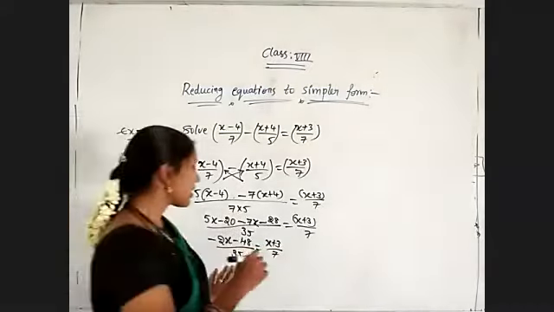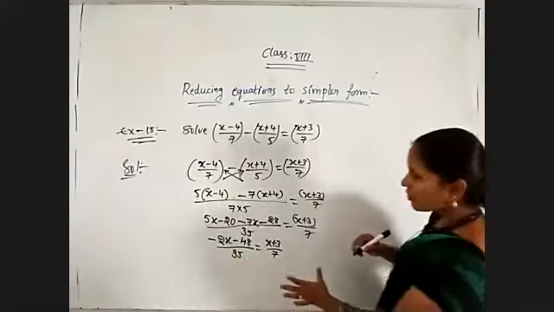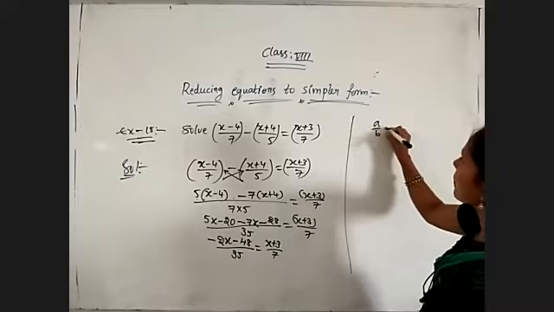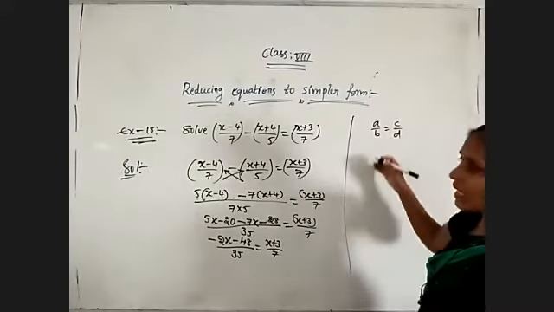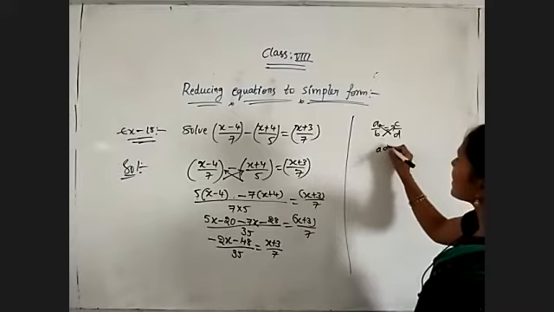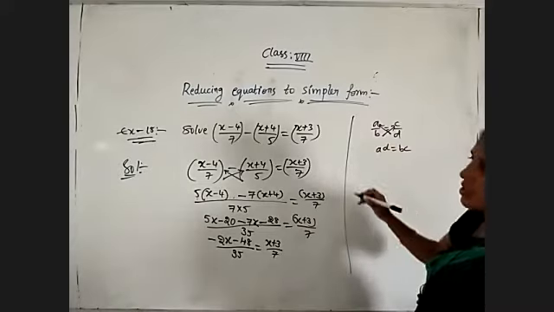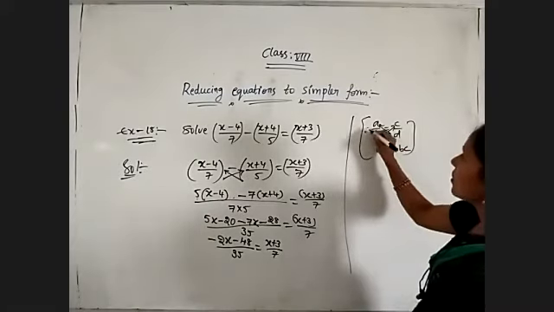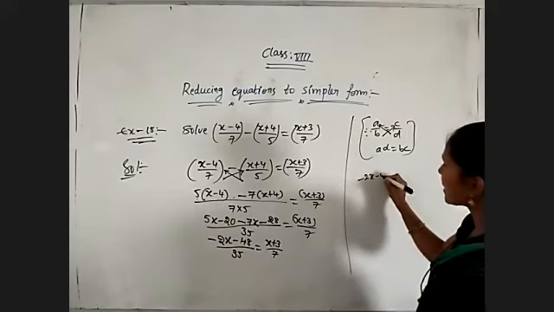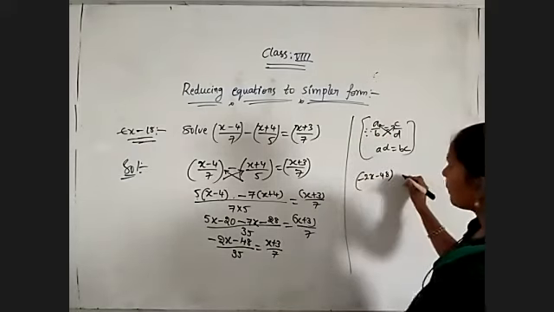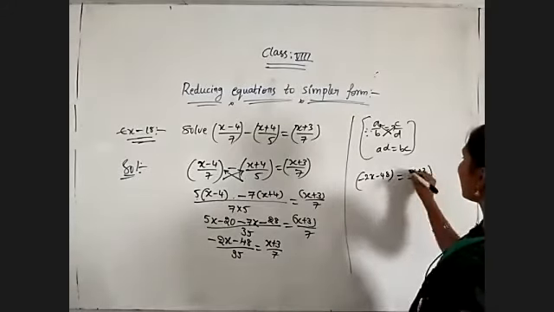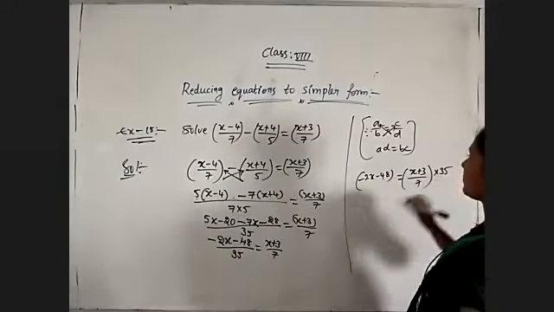Now reduce it at the LHS side. Again it is in the form a/b = c/d, a fractional form only, so we go through with AD = BC, cross multiplication. Yes or no? So here also do the same thing. Minus 2x minus 48 will be equal to (x + 3)/7 into 35.